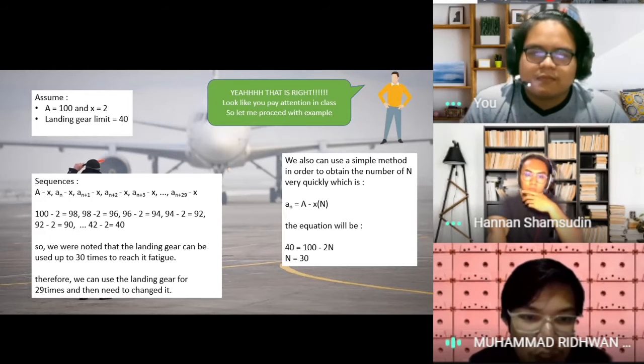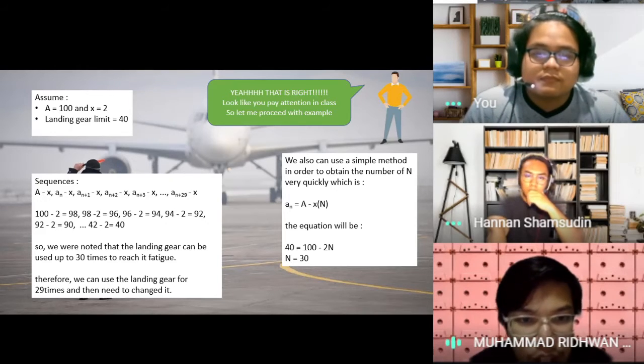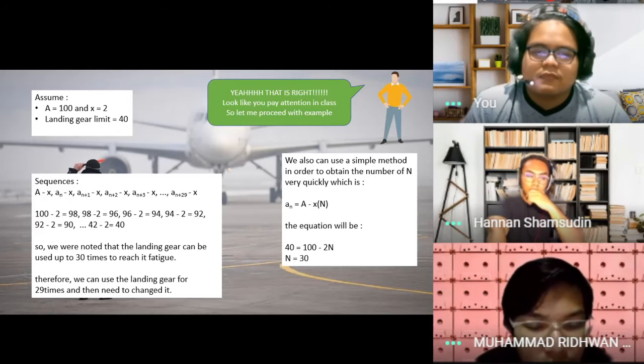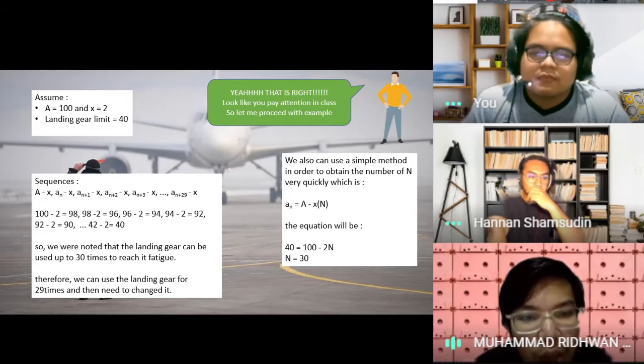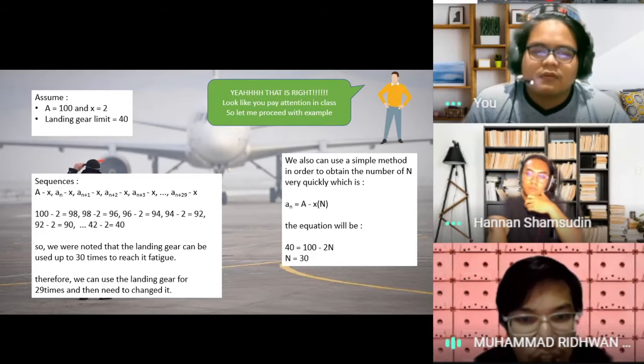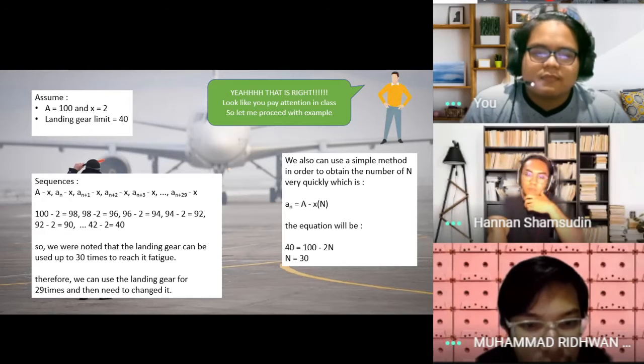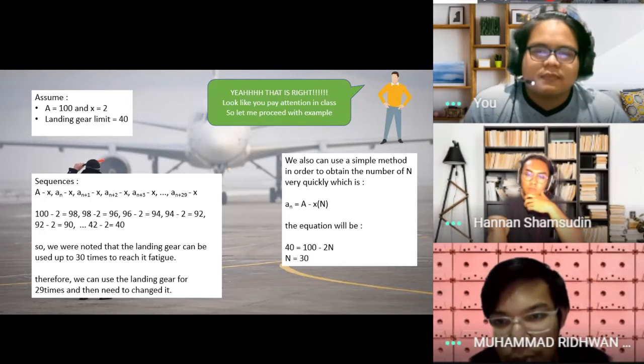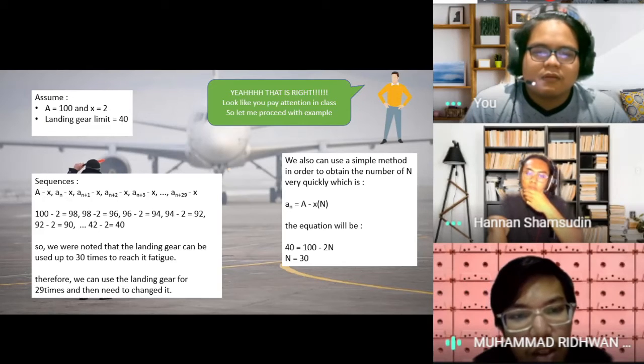The sequence continues until it reaches 40, which is the landing gear limit, and then we count the terms of the sequence. So how many terms will it be? We note that the landing gear can be used up to 30 times to reach its fatigue. Therefore, we can use a landing gear for 29 times, and then we need to change it before it fatigues.